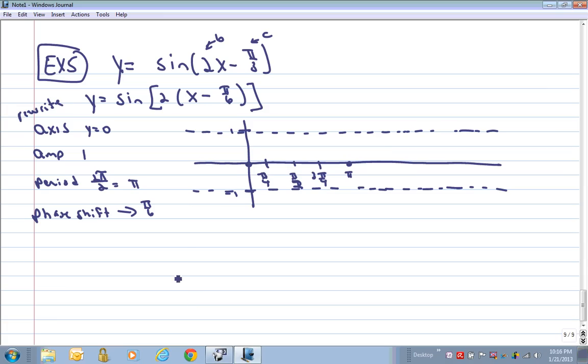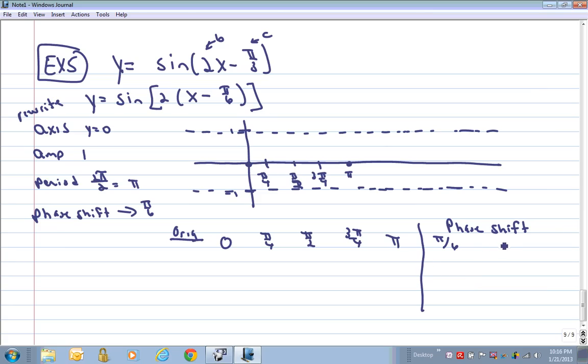Let's create the little chart. So the original points are at 0, pi over 4, pi over 2, 3 pi over 4, and pi. And what we want to do, we have a phase shift of pi over 6. What we want to do first is create a common denominator for all of these. So we're going to change all the denominators to 12.